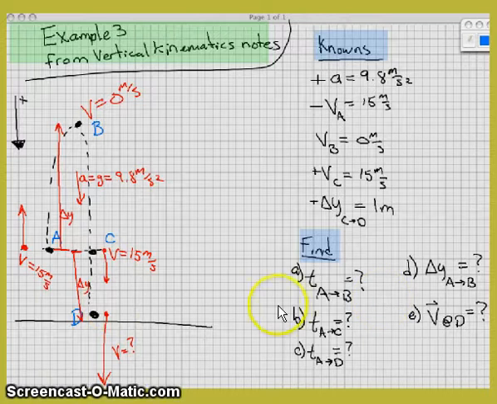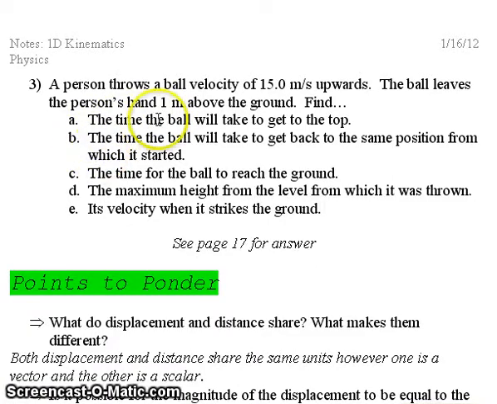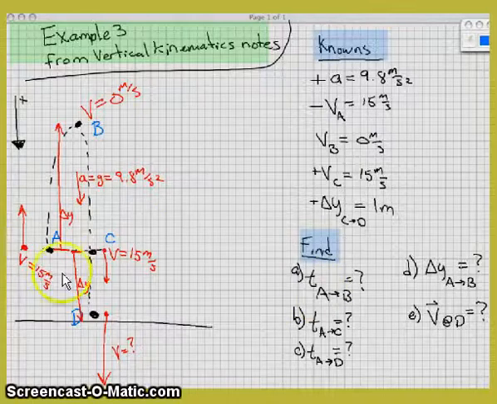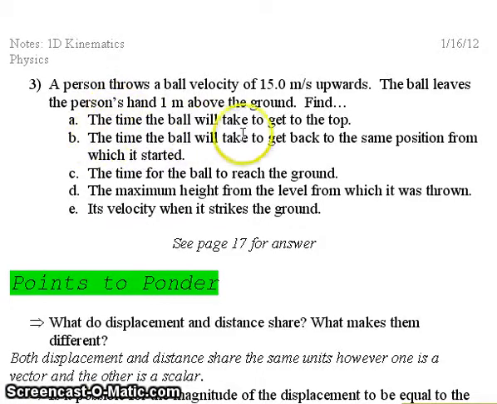So let's look at how I went about this. Part A asks us to find the time from, and maybe I should pull back up what we were looking at here. Part A says the time for the ball to get to the top. So you'll notice here that in my problem, this is from snapshot A to snapshot B. The next one says the time for the ball to get back to the same position from where it started.